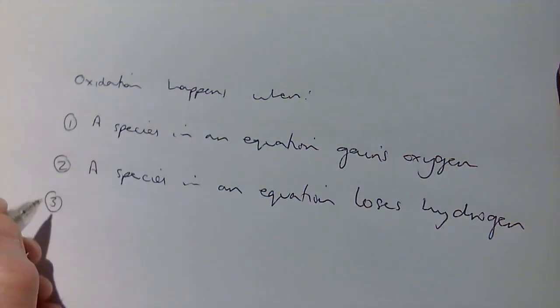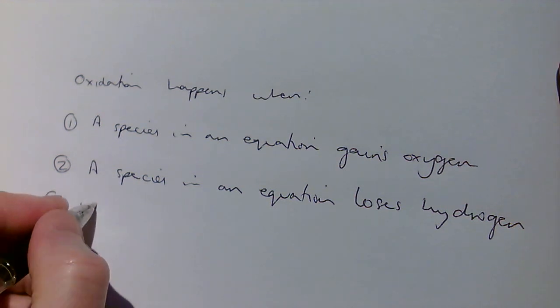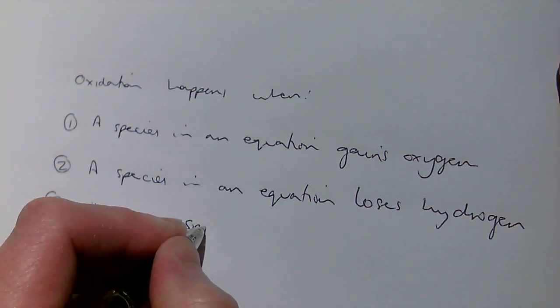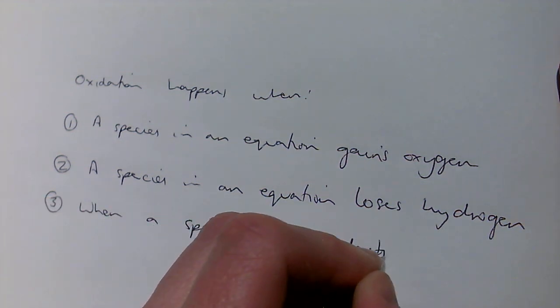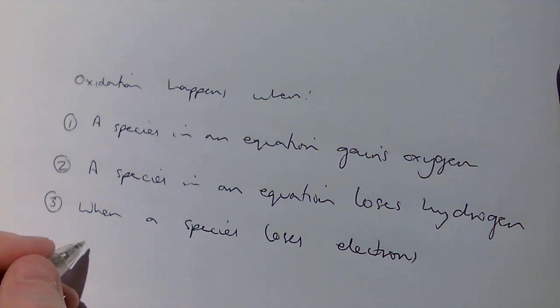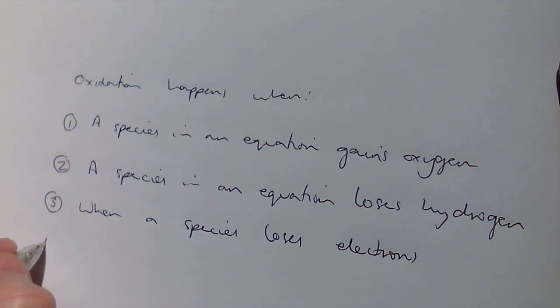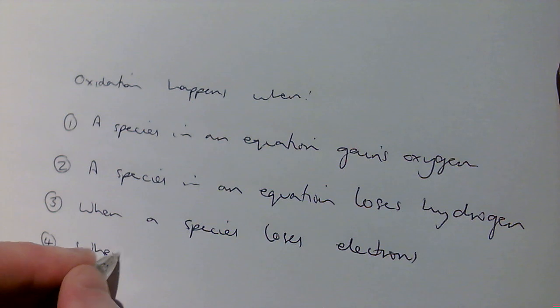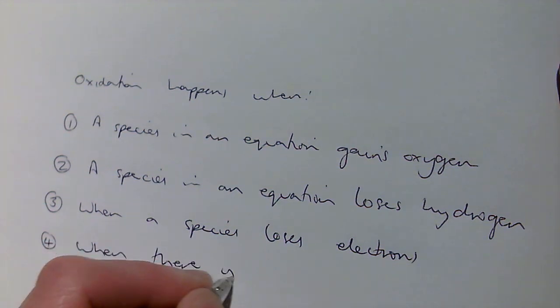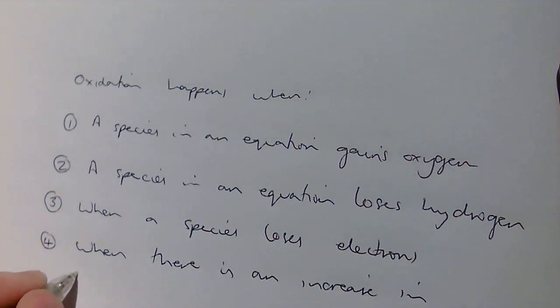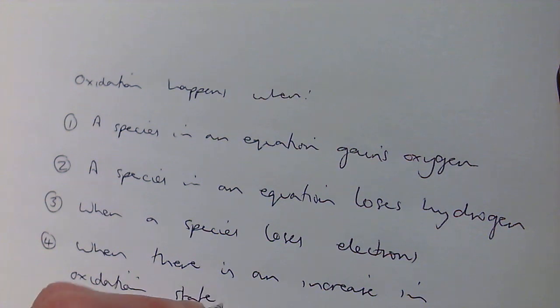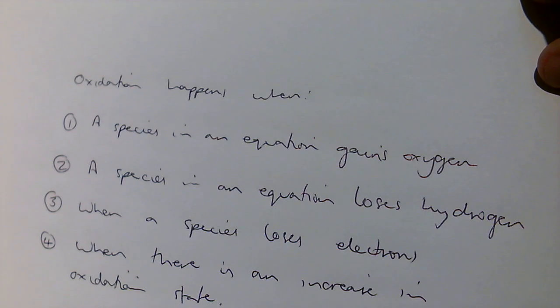Number three, when a species loses electrons. Or finally, number four, when there is an increase in oxidation state. We're going to have a look at that in part 2.